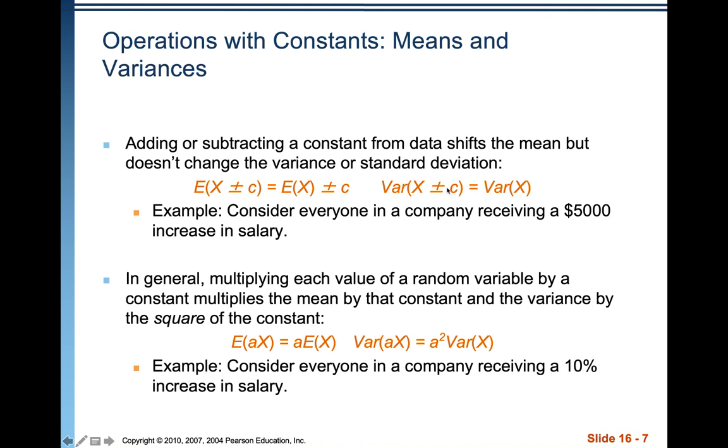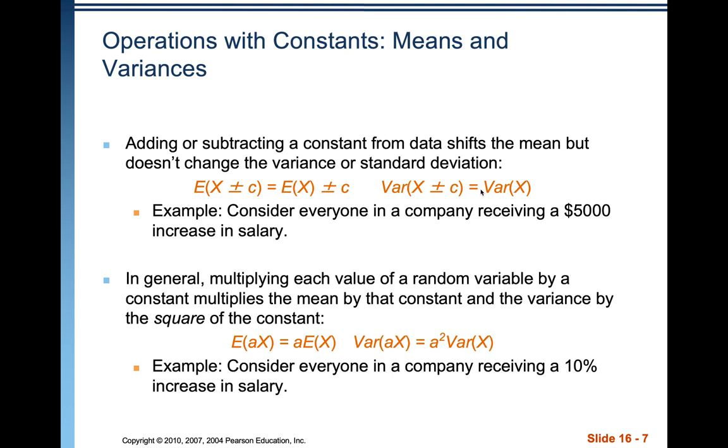An example of this would be if a company decided to give everybody in the company a $5,000 increase in salary. It's going to shift the mean salary up $5,000, but it won't do anything to the variance or standard deviation.